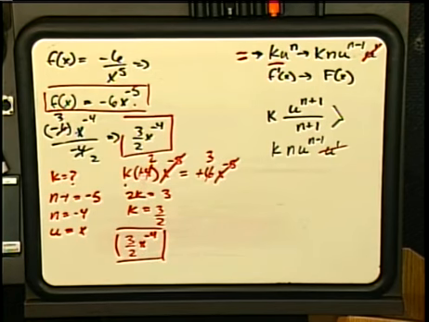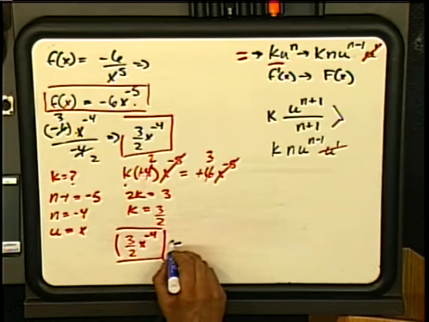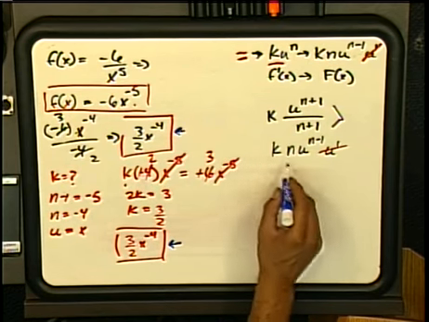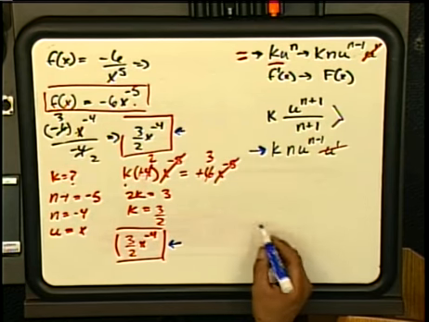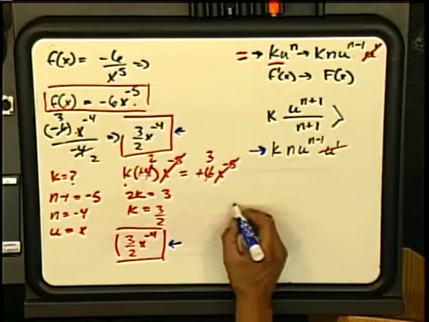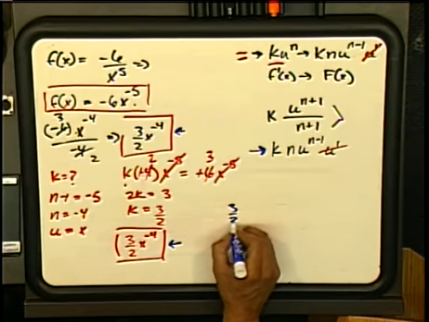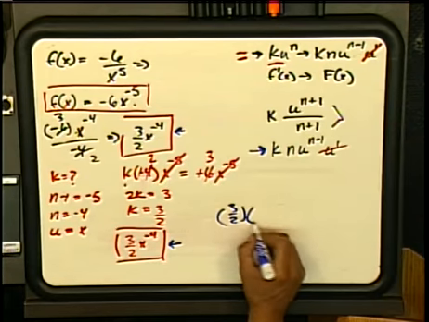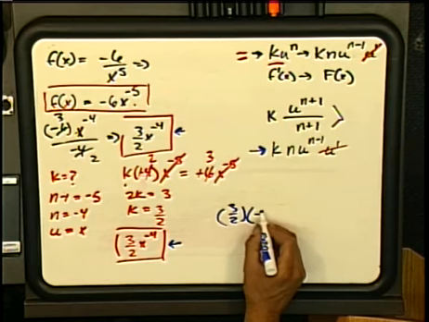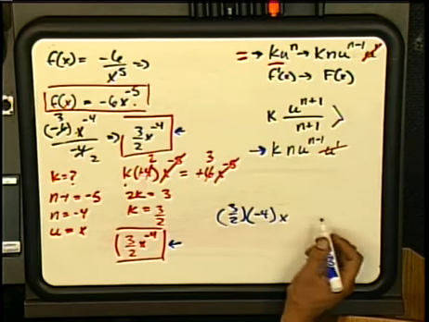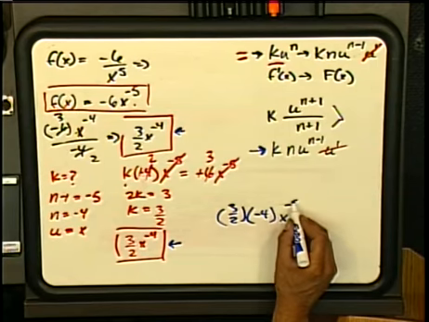And if we want to check that, we're going to take the derivative of our answers and use this one to take the derivative. K is 3 over 2. N is negative 4. X, negative 4 minus 1 is negative 5.